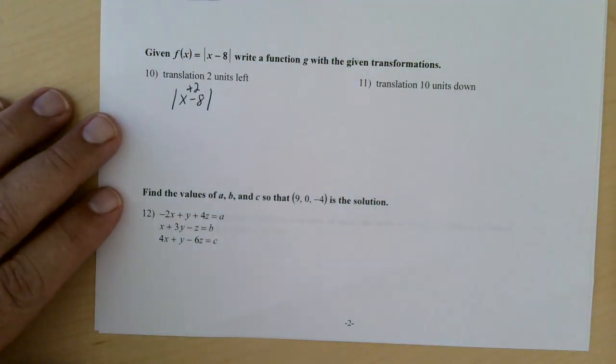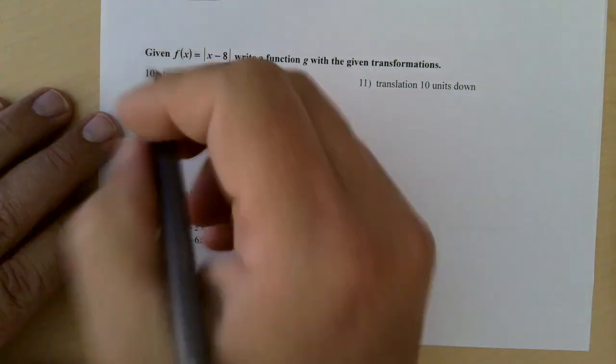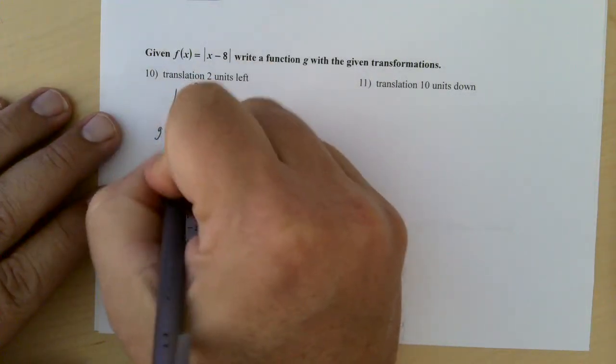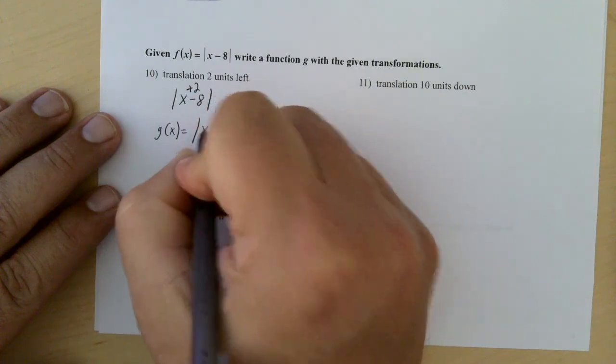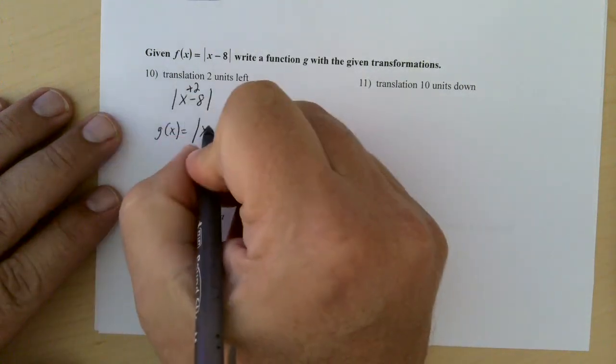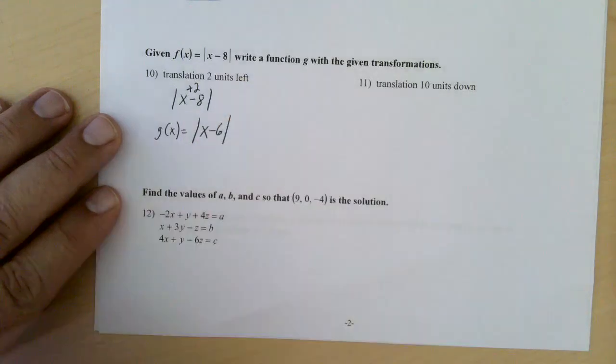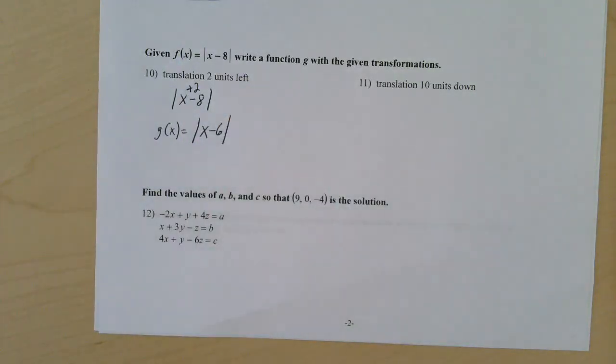Okay, it's really minus and negative 2, but it's a plus 2, and then clean it up, and you'll have the absolute value of x minus 6. Now it's only 6 units to the right. So the original was 8. The new one is now 6 units because you brought it back 2 units to the left, okay?